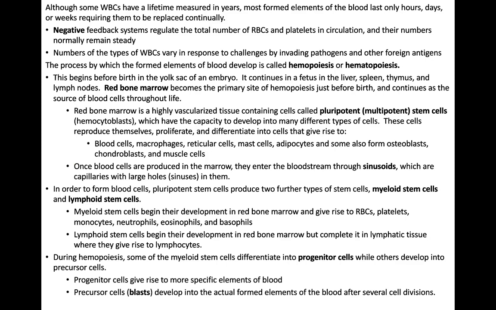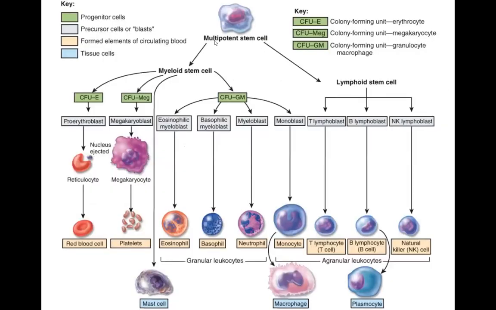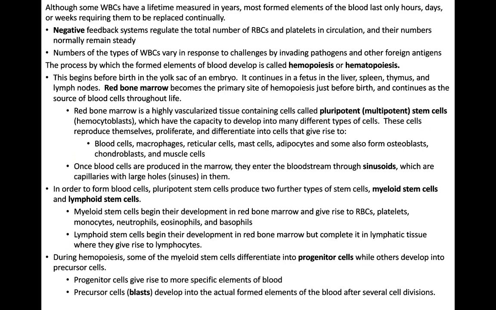Those are found in places like your lymph nodes, mast cells, which were shown there, adipocytes, which are fat cells, and some can even form osteoblasts in our bone, chondroblasts in our cartilage, and muscle cells, obviously, in our muscle. So, in other words, this cell here at the top of the next page is a really great starting point for making just a whole bunch of other types of cells.